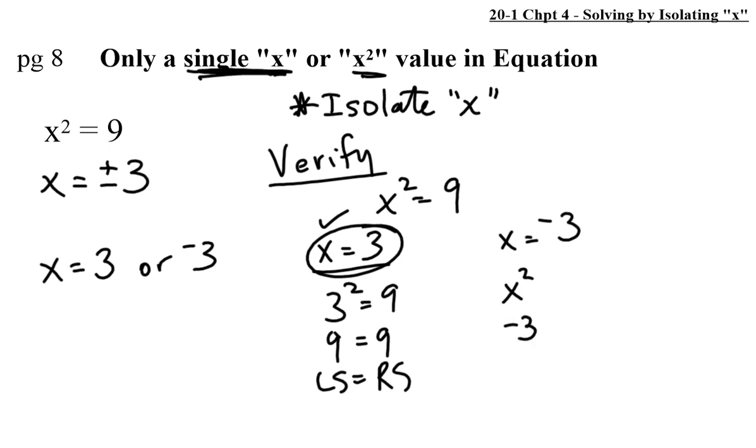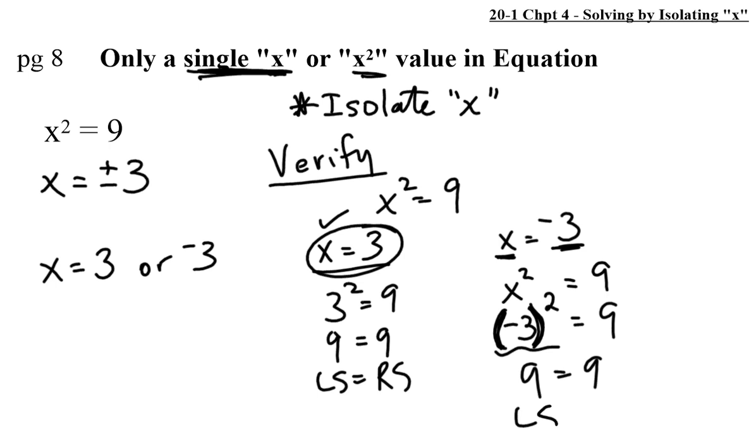That means I want my -3 to be squared, and it needs to be in brackets because I want all of negative 3 to be squared, and that should equal 9. And when we do that, 9 equals 9. Left side equals right side. So x equals -3 is also correct.